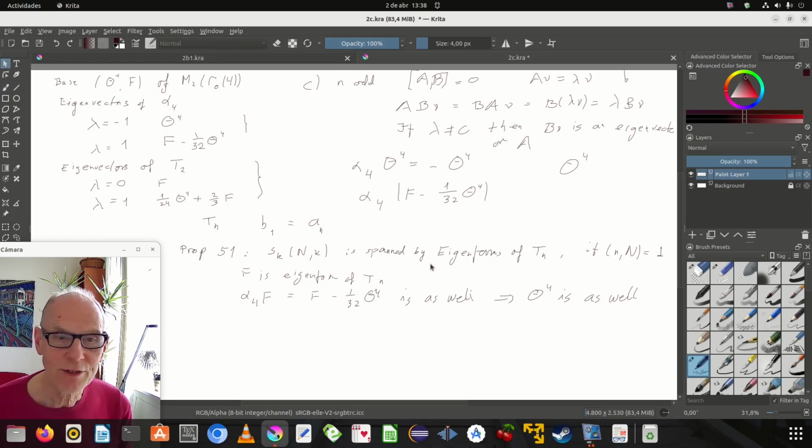So that means that all of M2 of gamma 4 is the eigenspace with the same eigenvalue. So we just need to find it, but now we can use proposition 40.